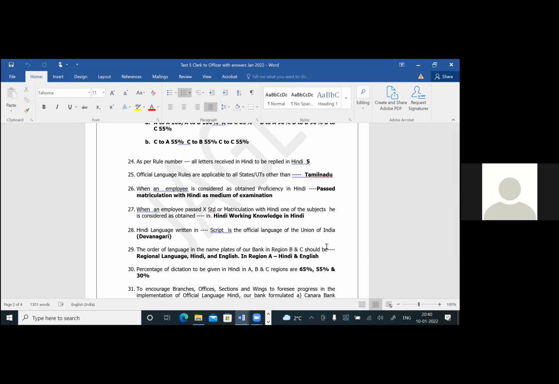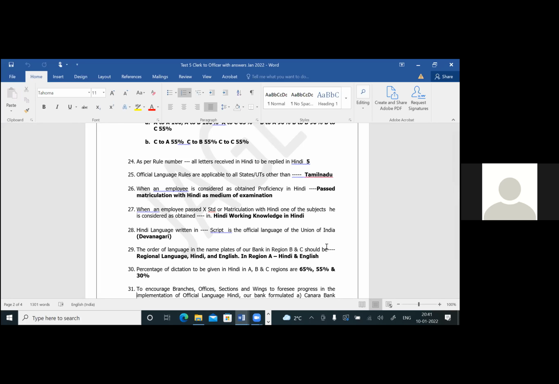If it is in A region, it should be first Hindi followed by English, that's all. A region is called Hindi speaking states, no other regional language, only Hindi.